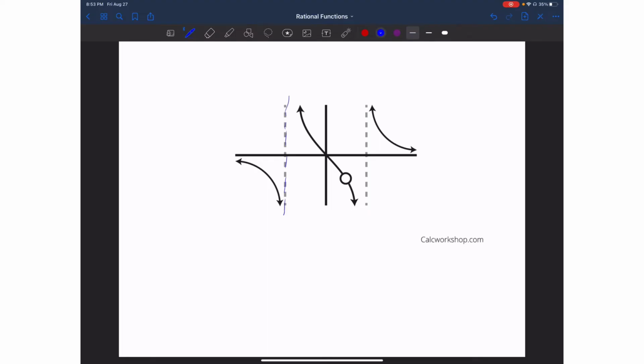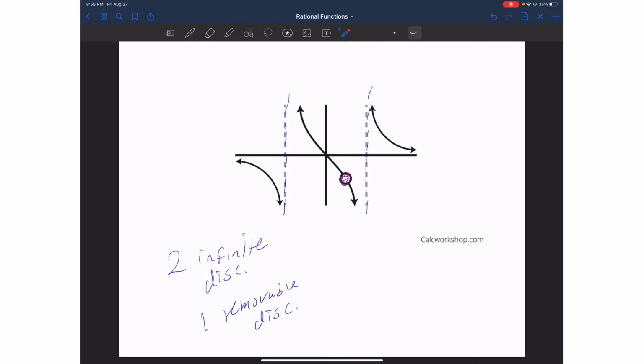We have one here in blue, we have another one here in blue, and then we have a hole in my graph right here in purple. So I am going to make a note that I have two infinite discontinuities, and then I have one removable discontinuity.